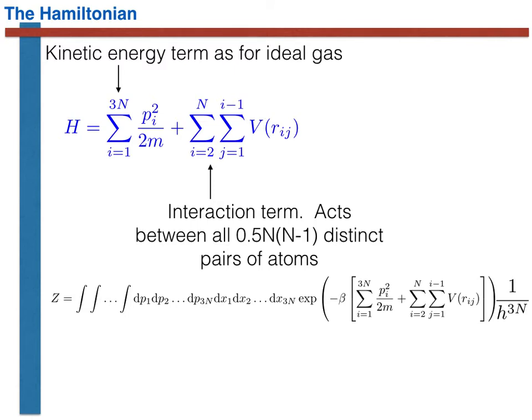The limits for each of the position coordinates would have been between 0 and L, where L is the cube root of the volume V. The momentum coordinates, meanwhile, should run from -infinity to +infinity. I did not write these limits, however, because it is common practice in the statistical mechanics community, you will see this in many textbooks, not to write these limits in the integrals. Everyone in the field knows that the partition function is a definite integral, and thus we use an undecorated integral sign even though we are not strictly calculating an indefinite integral.